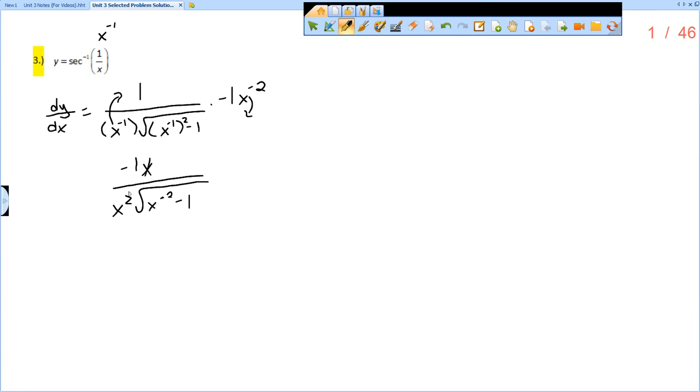Of course, the x and the x squared can reduce, leaving me with negative 1 over x times the square root of x to the negative second, which could be 1 over x squared, minus 1. You have to make sure you pay attention to simplifying algebraically when it comes to the answer sheet and things like that.